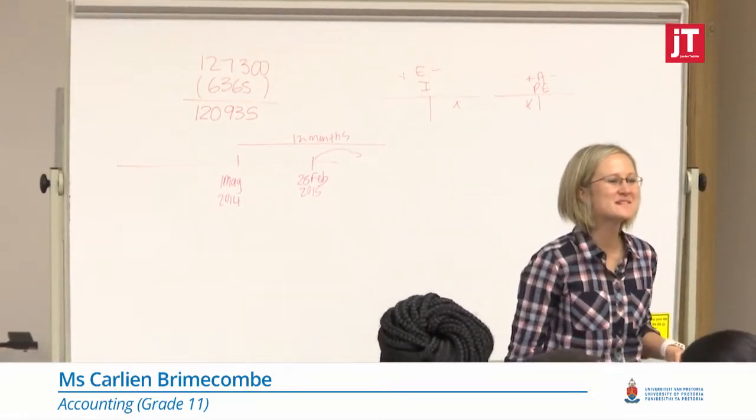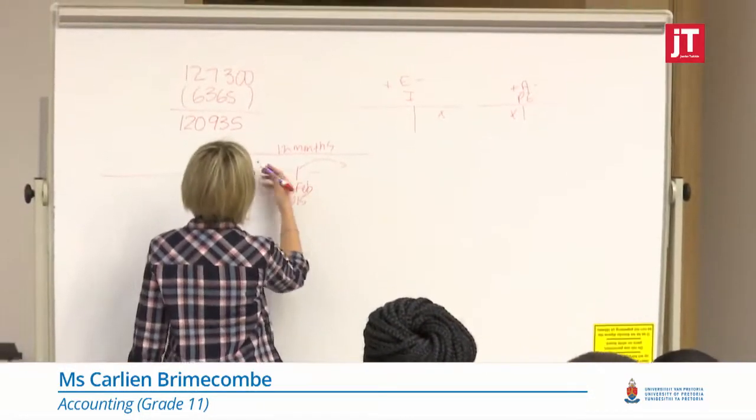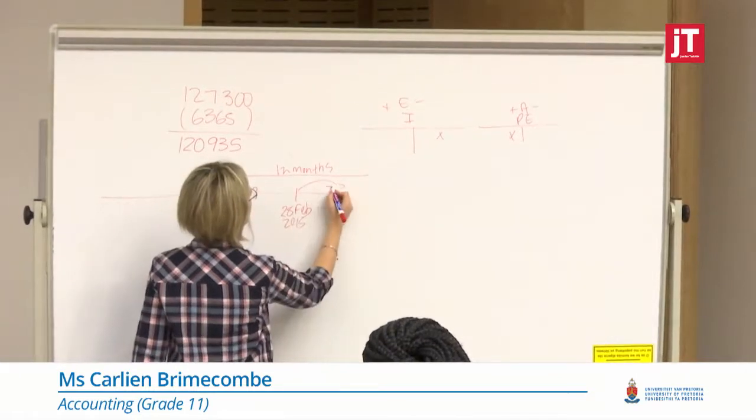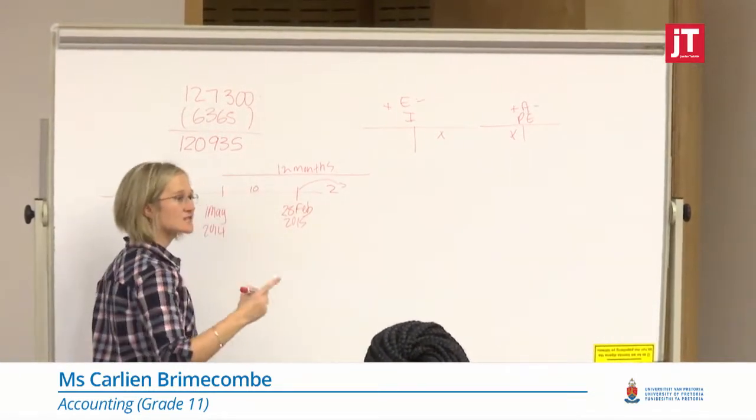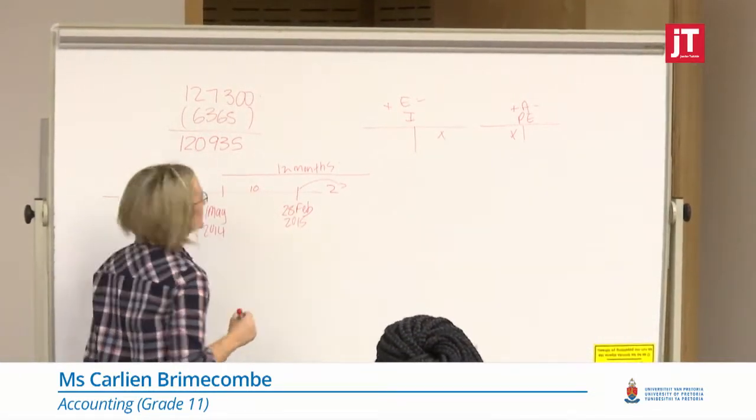So how many months must be taken out? 10 should be included. It means 2 should be taken out. So you've counted now from May up to February. That is 10 months. So it means 2 months fall outside of our accounting period.